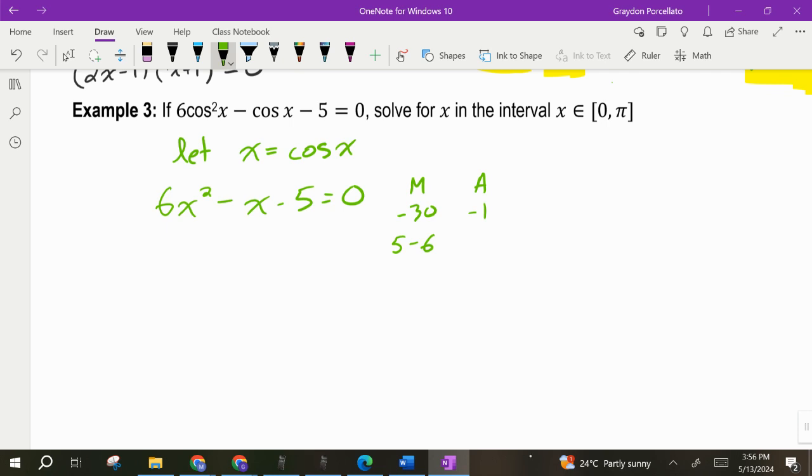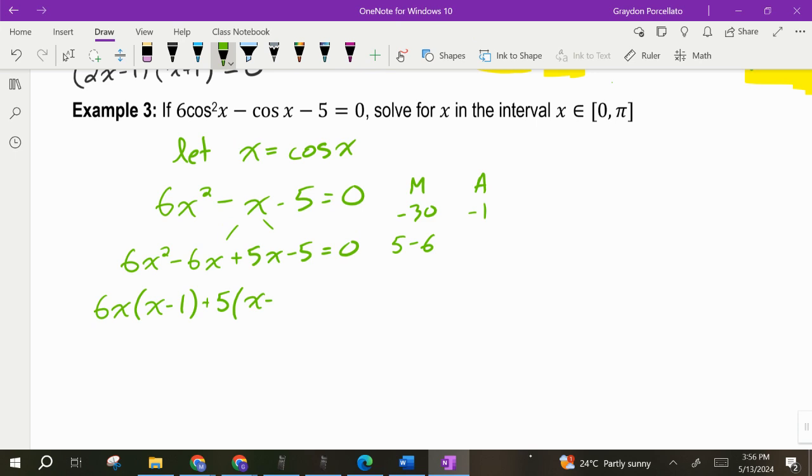So let's write this. I'm going to break this down into those two values. So I have 6x squared minus 6x plus 5x minus 5 equals 0. So again, we're just factoring. I'm going to factor out 6x. I get x minus 1. I'm going to factor out a 5, so plus 5.